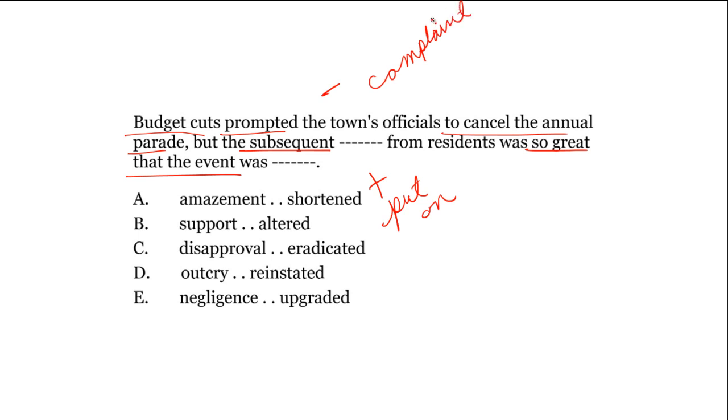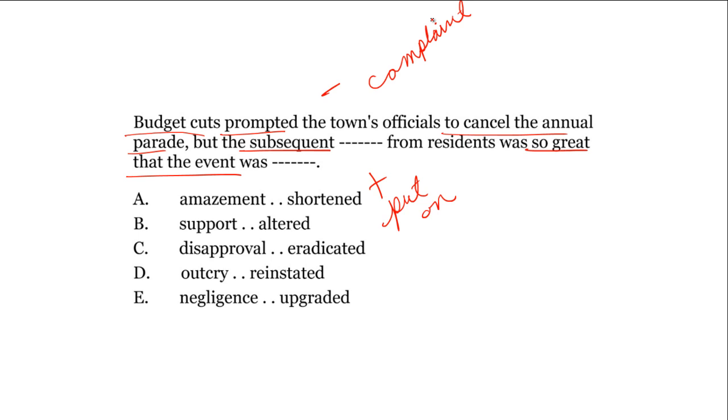All right, let's read the sentence to make sure that it's logical. Budget cuts prompted the town's officials to cancel the annual parade, but subsequent complaint from residents was so great that the event was put on. Sounds good to me.